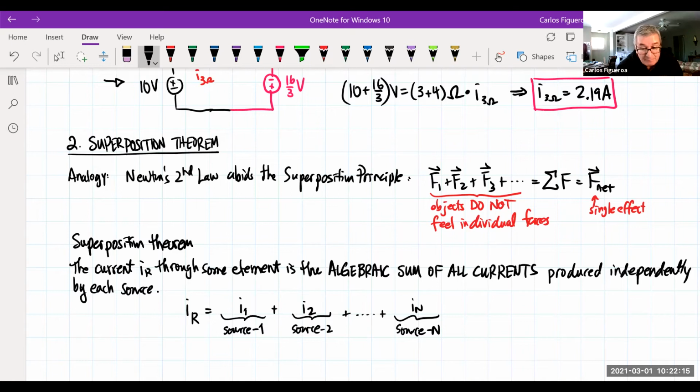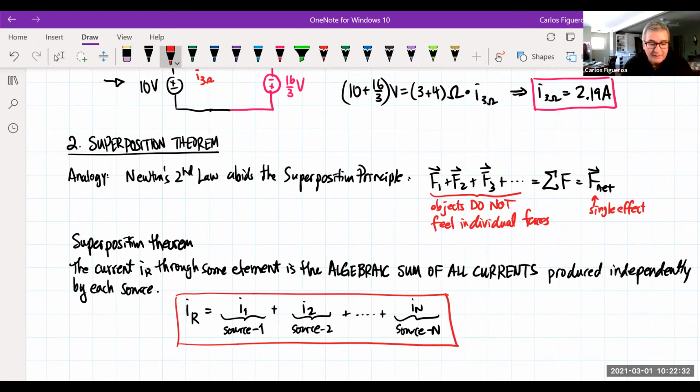But this is slippery the way I'm saying it. And what we're going to see here is that it's really the sum of all the sources that will contribute to this thing right here. I'm not really saying it elegantly here because I should be doing a much better job of saying this. But let me see if I could give you a sense of what I mean by this.